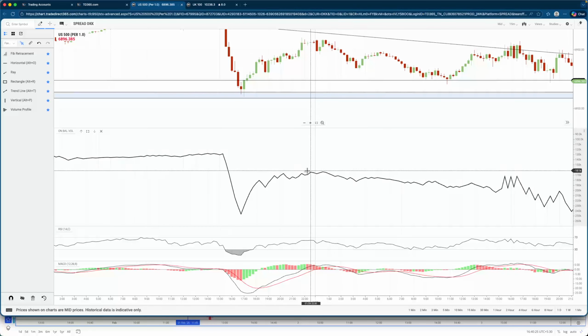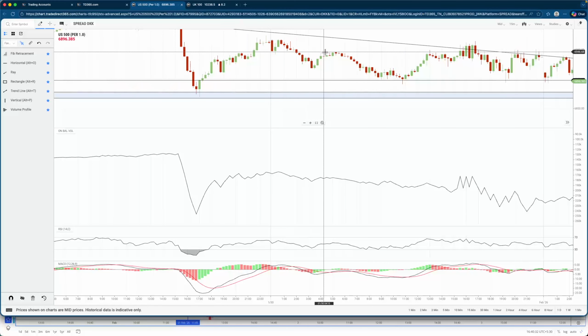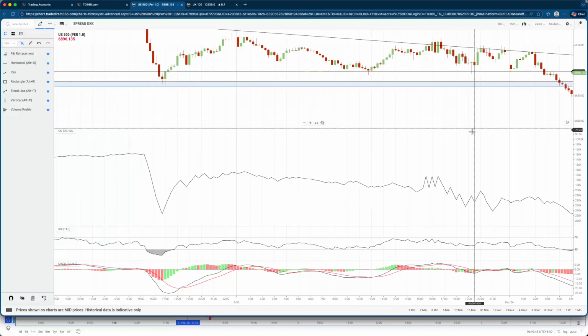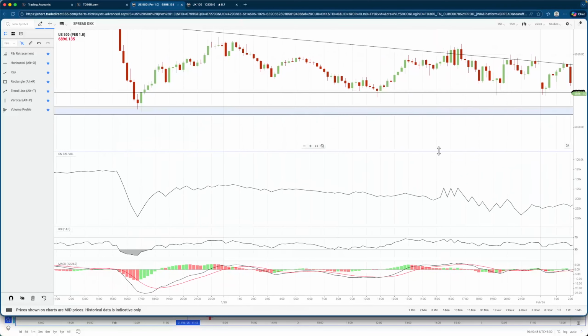If I extend further, when the price started to drop, the volume started to drop again, and it again came back to this initial support zone, and there we can see a pullback, which is again good.